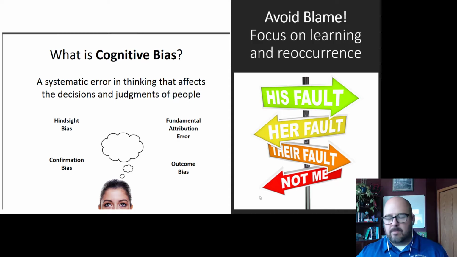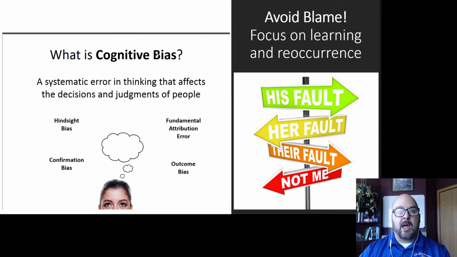I've been discussing for the first few lectures about avoiding blame, focusing on learning and preventing reoccurrence. Cognitive bias is similar to us thinking common sense is something everybody knows. But as you can see on the screen, you've already read it, I'm sure, that we all make mistakes because we view things through our own lens, and that lens is specific to us and not how other people see things. And therefore, it makes it comfortable for us to say, well, that person who got hurt, they chose that behavior.